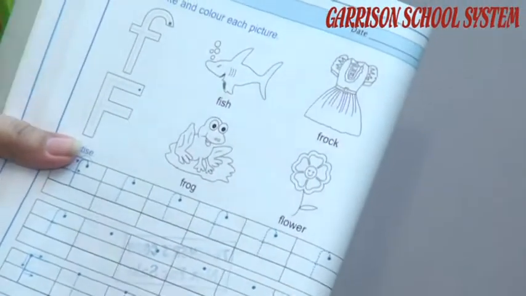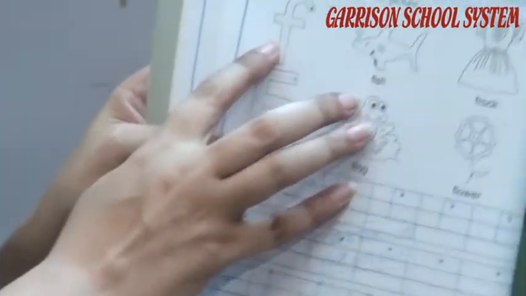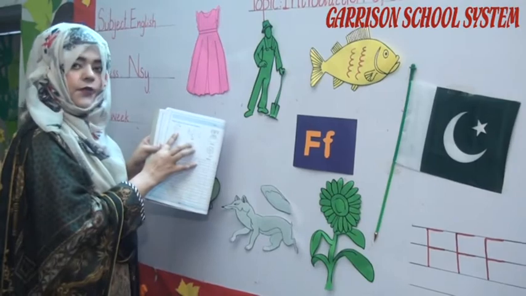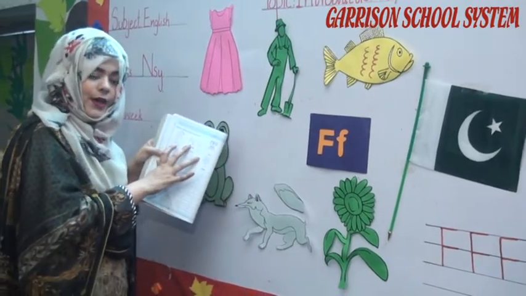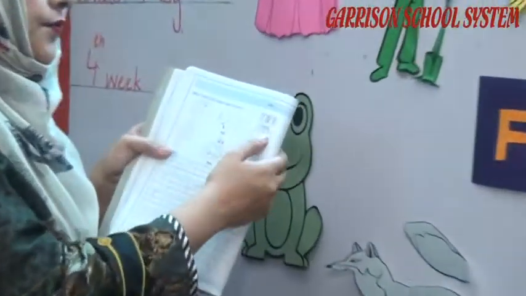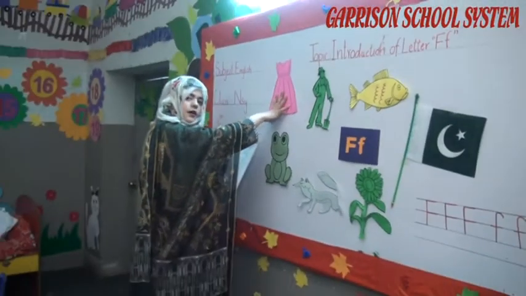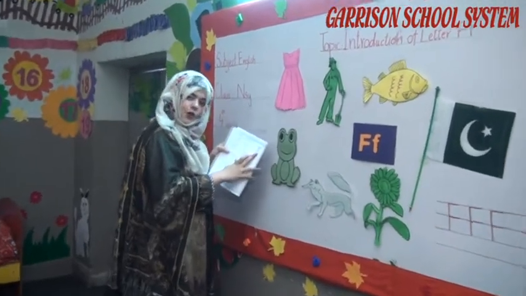You have learned that F for fish. The same fish is drawn over here as well. F for frog. The same thing is drawn over here.